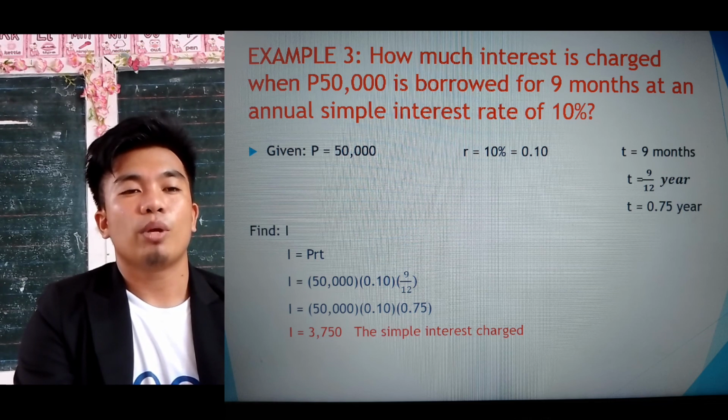We multiply all of them, and the value of 9 over 12, when divided, becomes 0.75. The total of our interest, or the interest charge, is 3,750.